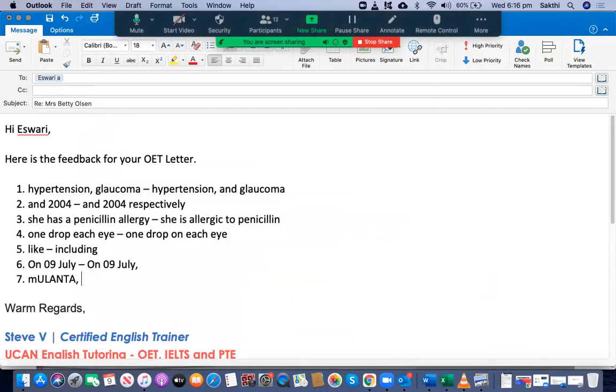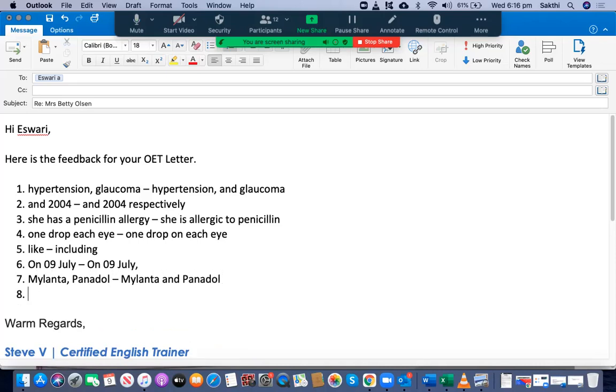So Mylanta and Panadol. The same thing is here as well: shoulder pain, you should say shoulder pain respectively.